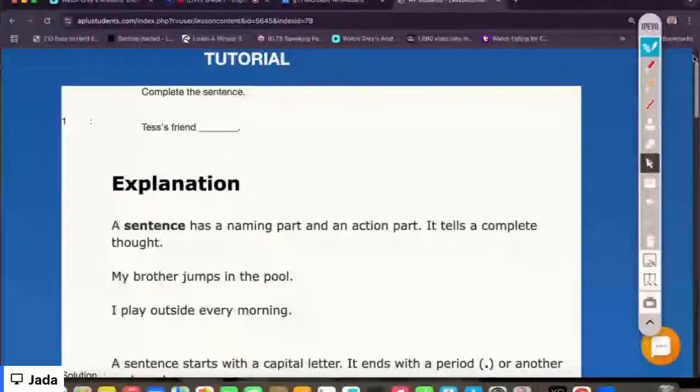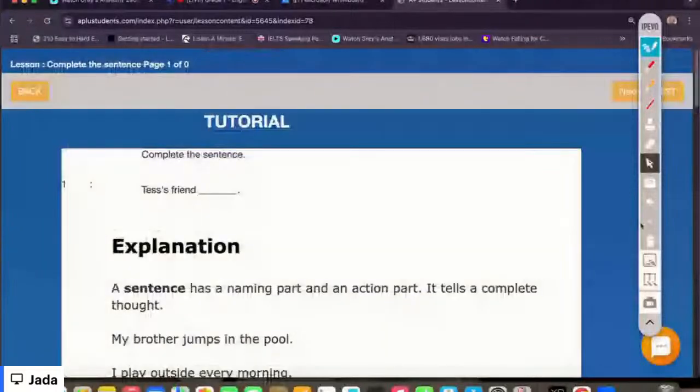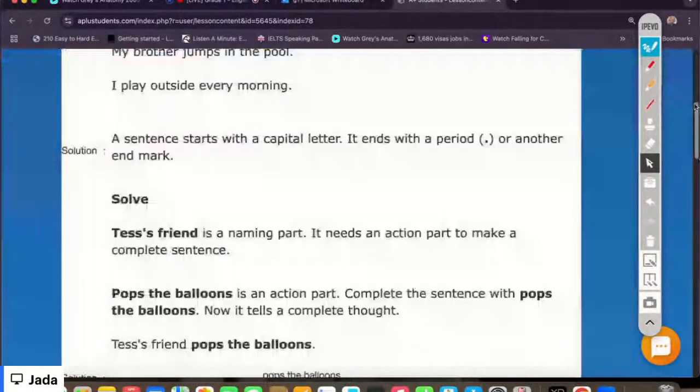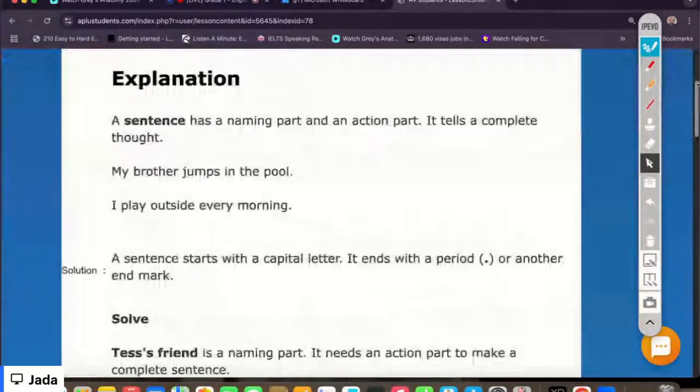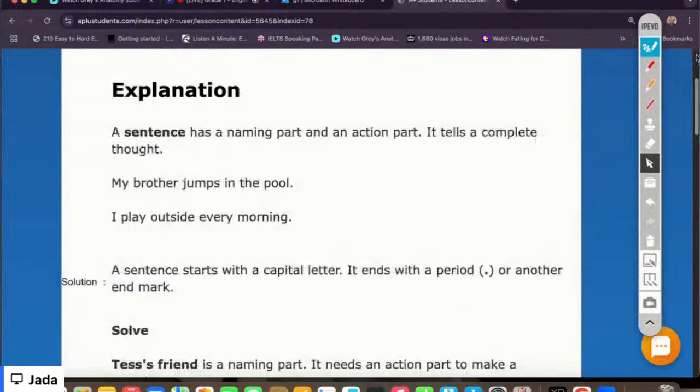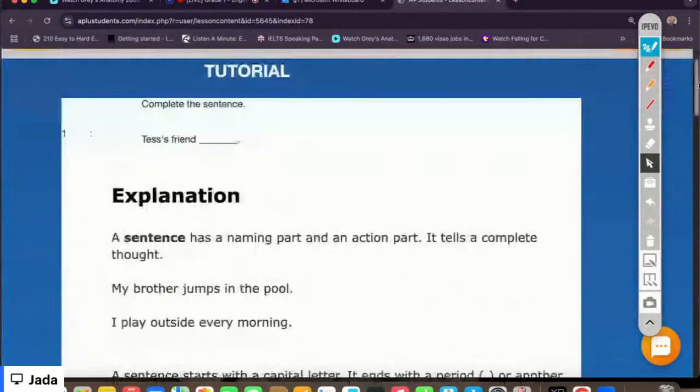Alright, so it's also to complete the sentence. We already know that a sentence has a naming part and an action part. So if you're completing the sentence, you must complete it with either the naming or the action part. And remember that a sentence starts with a capital letter and ends with a period.